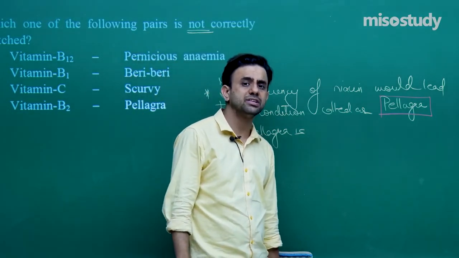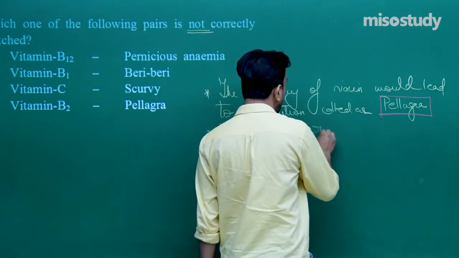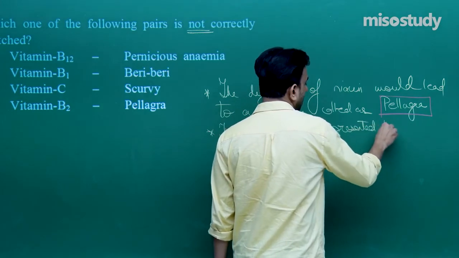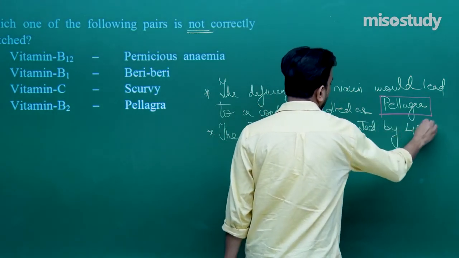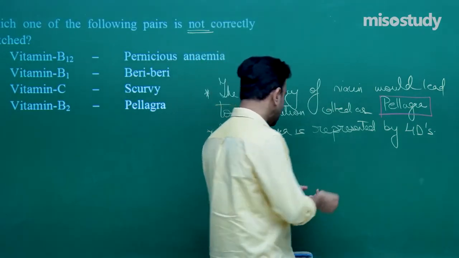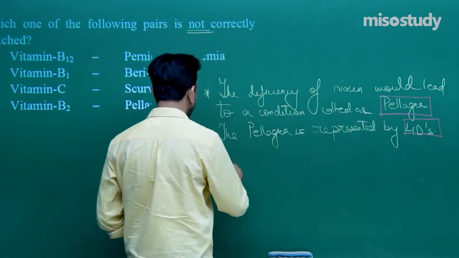The pellagra disease is represented by 4 Ds, and what will we see here?